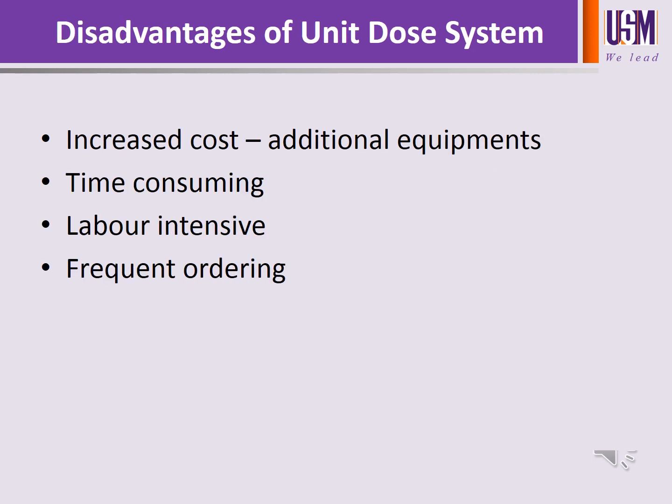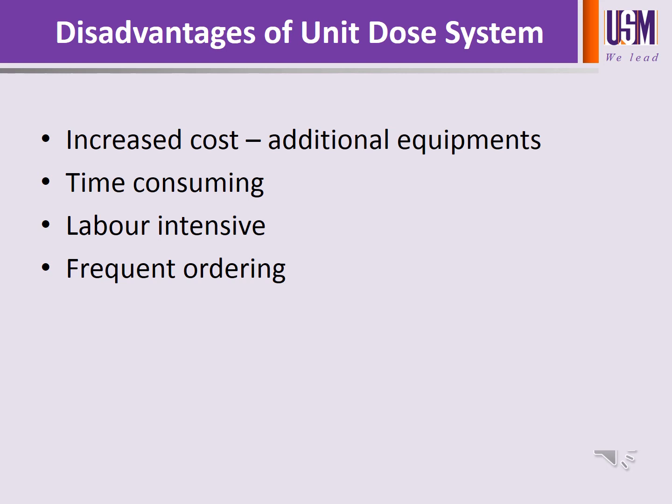Despite the advantages that I have told you earlier, there are also several disadvantages of the unit dose system that we must be aware of. The first and foremost is the increased cost, especially for buying additional equipment to prepare the unit dose system. They have to buy a machine to do the labeling, packaging and everything. This is very time consuming because the drug is being supplied daily for patients and each drug will be placed in a different part of the drug bin or drug carts.